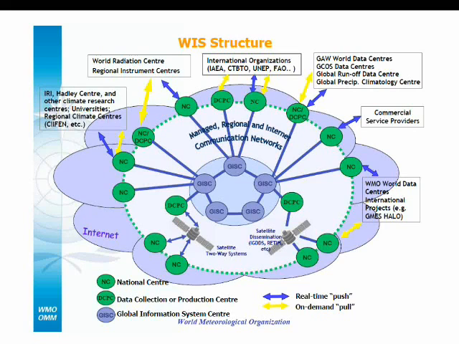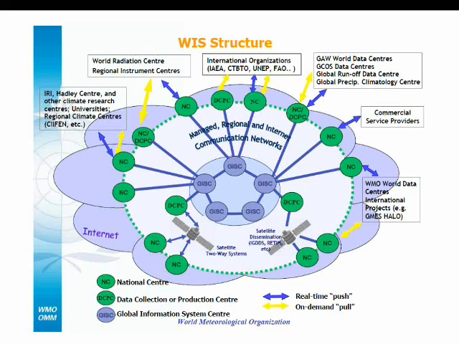Dozens of DCPCs, data collection or production centers, and hundreds of national centers, symbols NC, and also many kinds of telecommunication networks. The core network we call the WIS core network. It's a closed private network, but a high performance network.